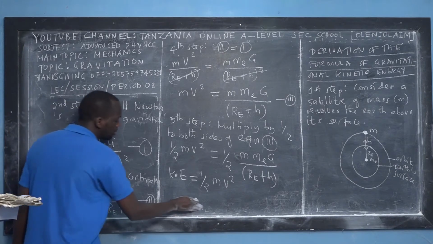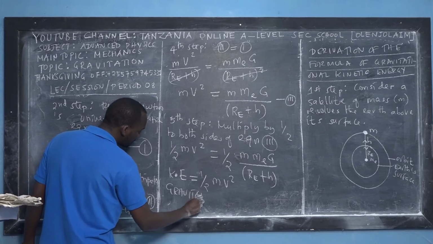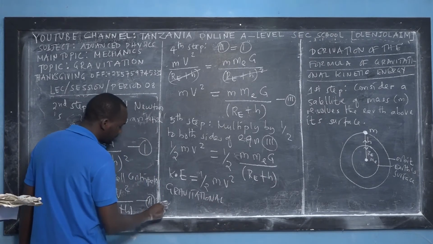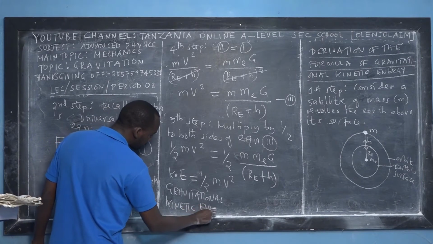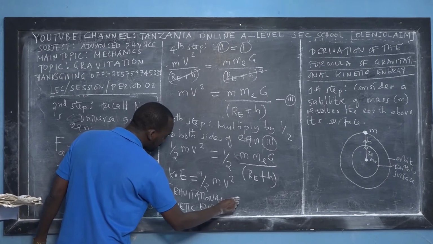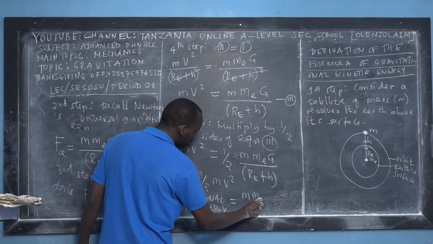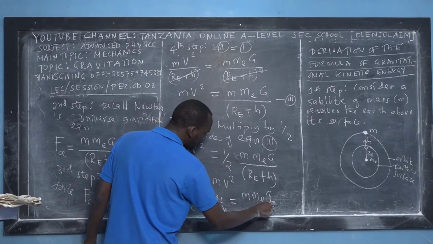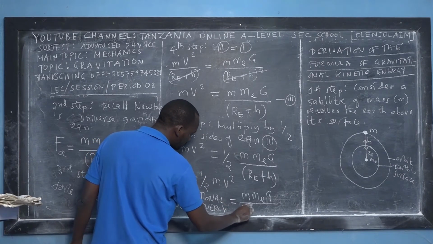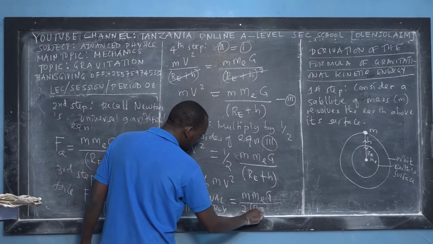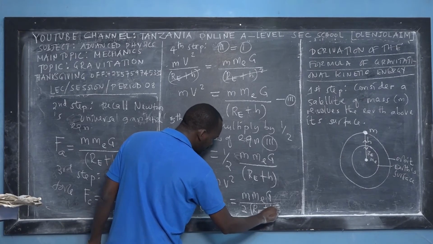So if that is the case, we say that the gravitational kinetic energy is given as the product of the mass of the satellite, the mass of the Earth, and the gravitational constant, over twice the radius of the Earth plus the height h, like this.